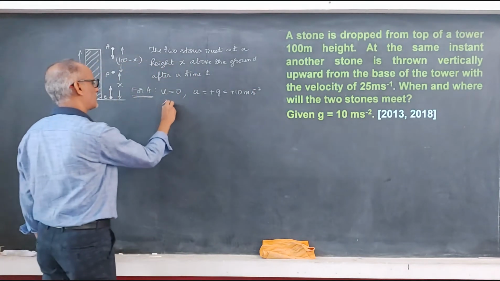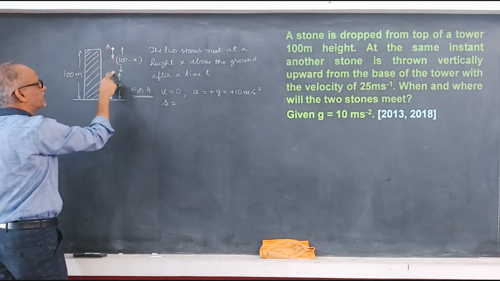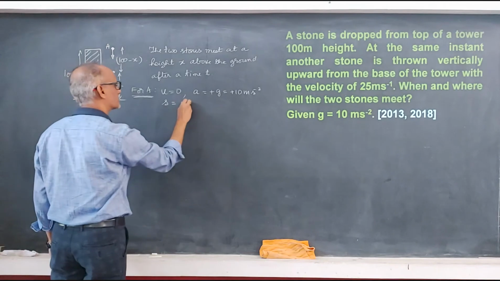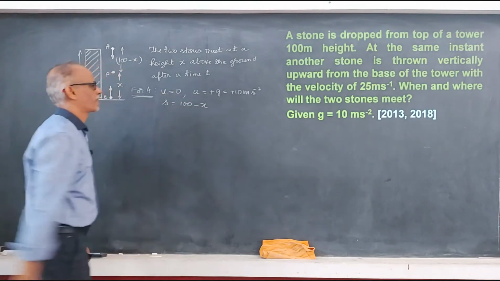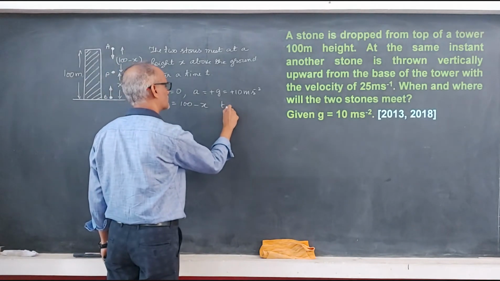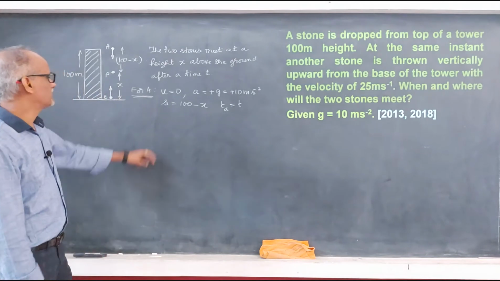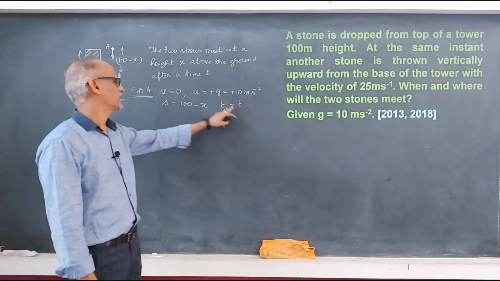What is the distance traveled when they meet? The distance travelled by A when they meet is 100 minus x. Okay, and it's going down, right, descending, after a time t. So we have variables s, u, a, and t.